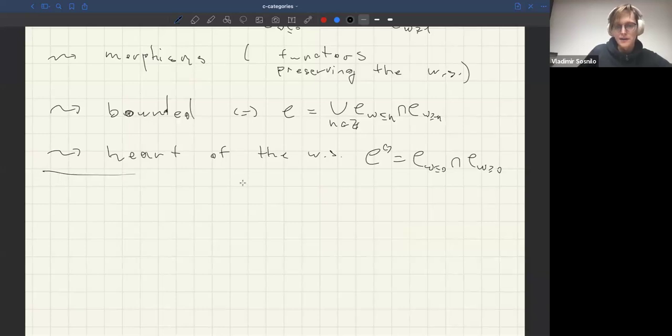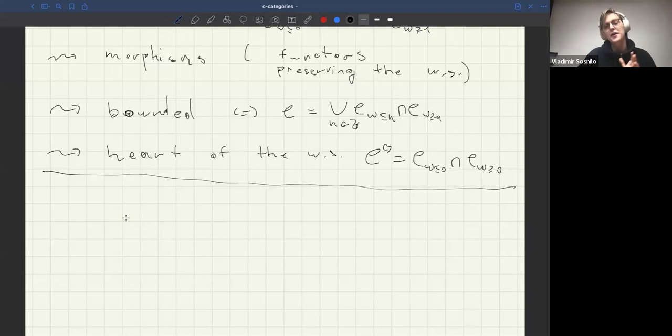So at least from the point of view of noncommutative motives, we want to think about categories as some generalization of the notion of a scheme. So typically, if you have a scheme, then you can assign to it the category of perfect complexes over itself. And this gives me a very nice stable infinity category.